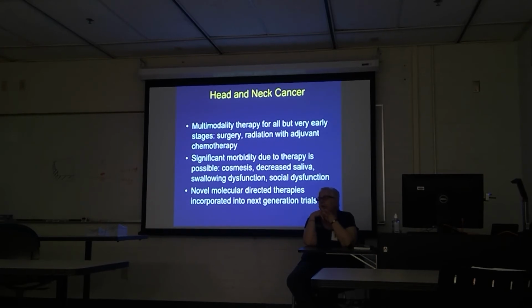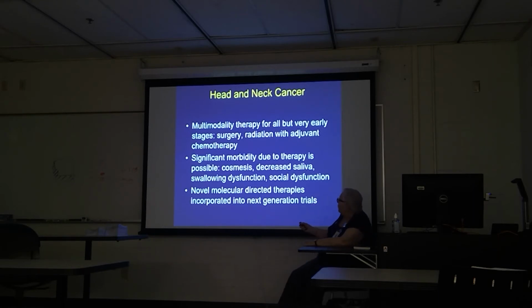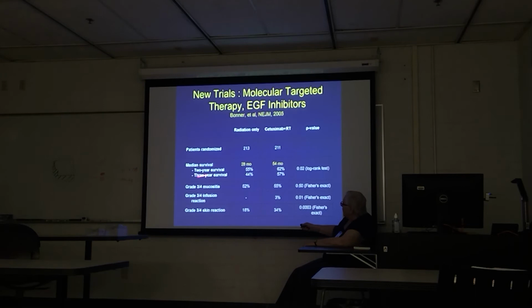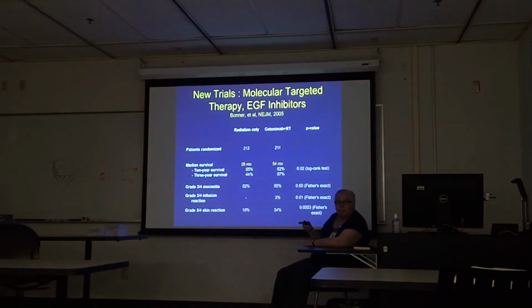Yeah, pretty well. It's the side effects. So you have the morbidity scales. This is what you were seeing over here. This would be a morbidity scale, grade 3 to 4 mucositis. Usually it goes from 1 to 4.